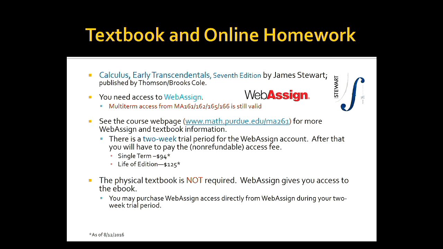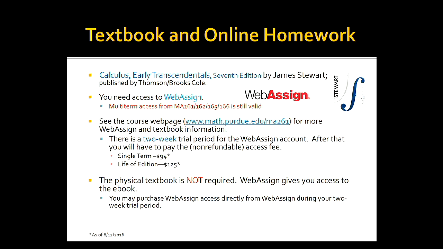And for most of you, if you took Math 161, 2, 5, and 6, the account that you used last time is still good, as long as you have purchased the multi-term access. All right? So just check it out. If it lets you in, then you are good. See the course webpage for more information about WebAssign and textbook.